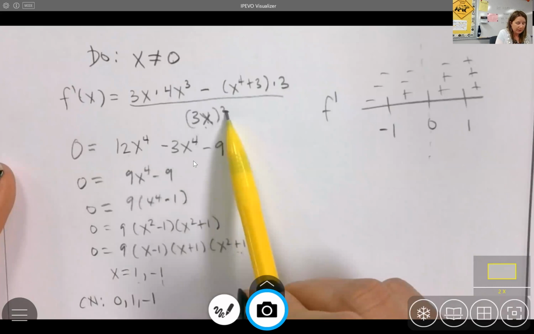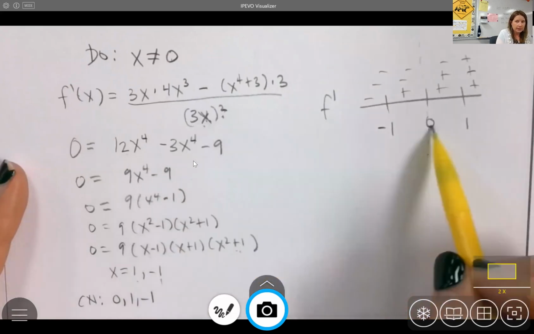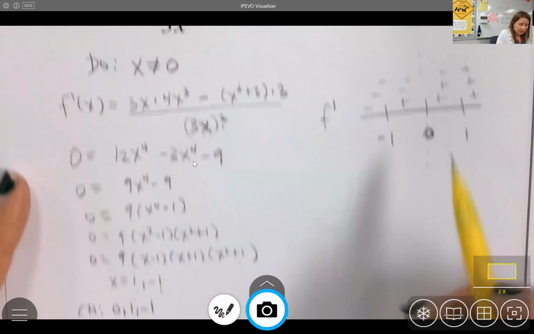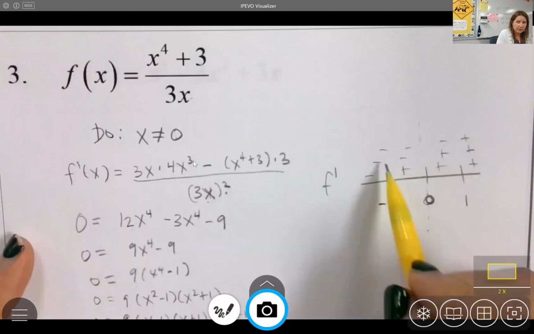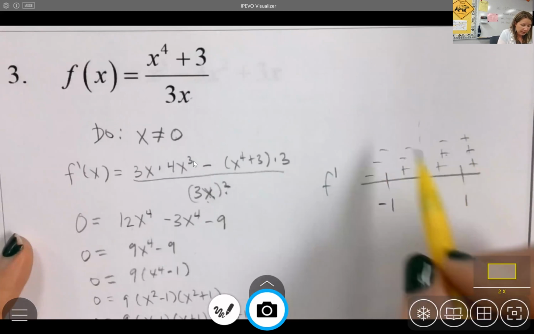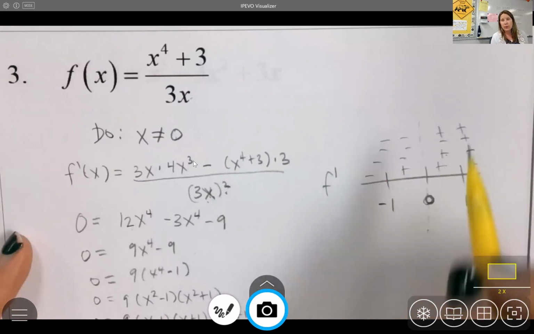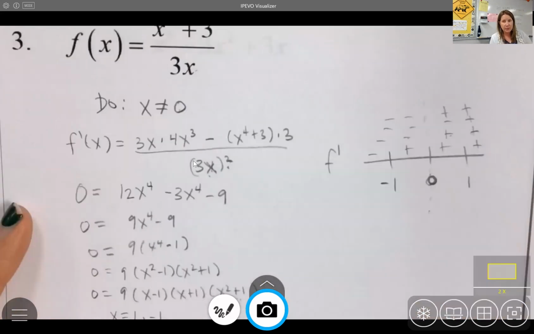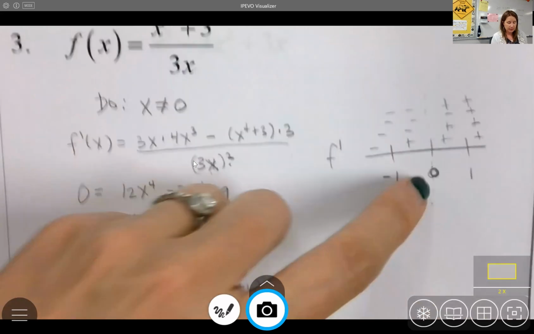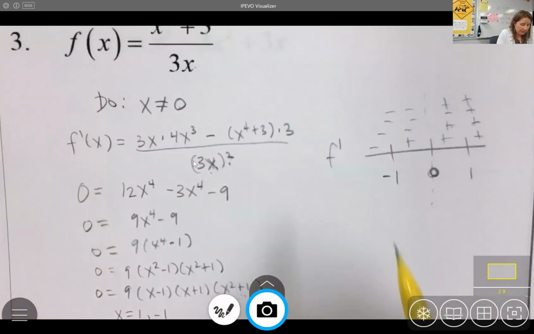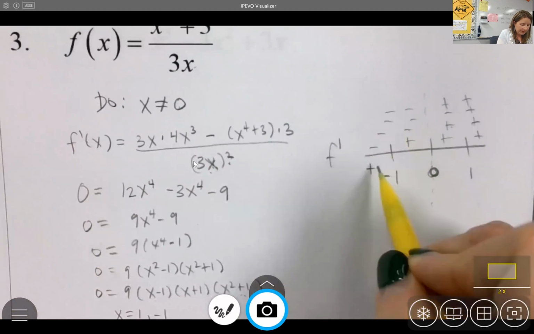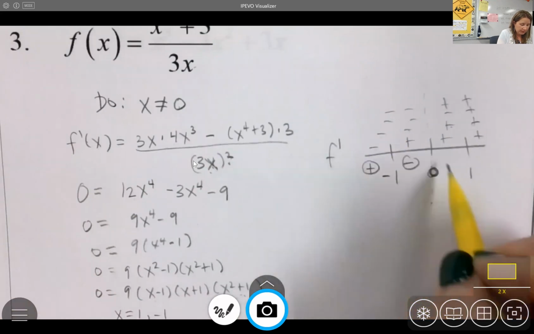So anytime I have a repeated 0, I have to do that value twice. So my first 0 is negative, negative, positive, positive. I also have to do negative, negative, positive, positive one more time because that 0 was repeated. Okay, so this is actually going to be plus, minus, plus.